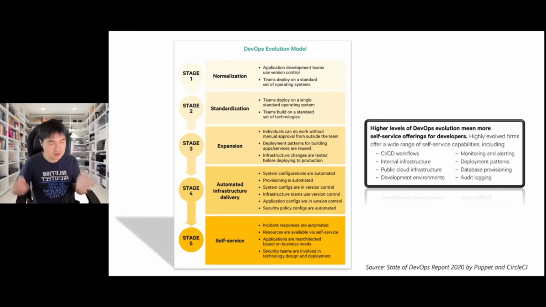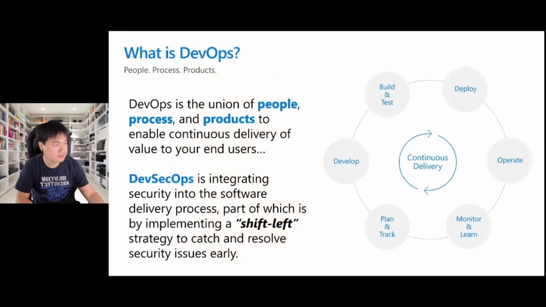Now you can go to this internal portal that your company may have built, click the button, provision this set of three-tier web architecture, for example, and then start coding. Just imagine a world like that where you're able to provision the infra quickly, and you know that the infra complies with all your security policies and regulations.